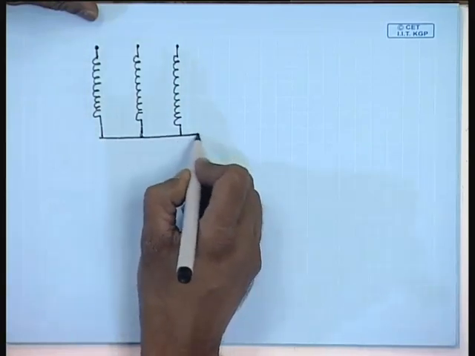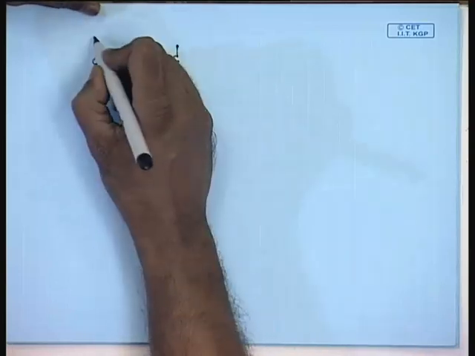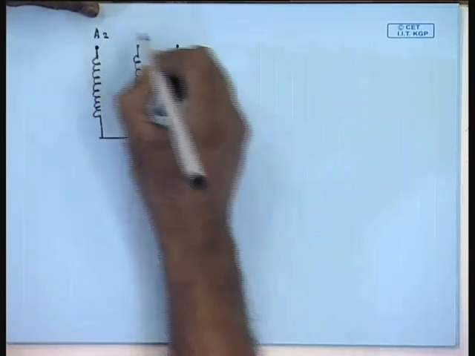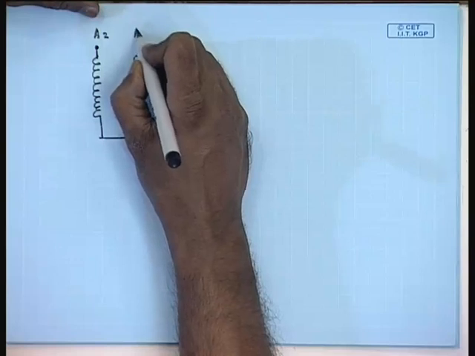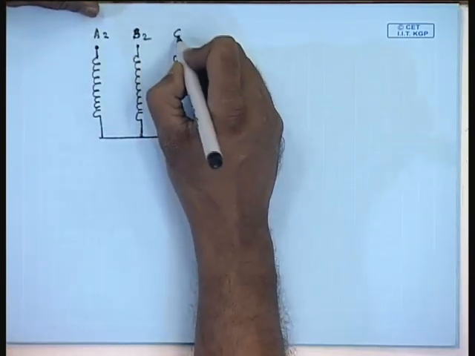This is the neutral, where these are the line terminals A2, B2, C2.